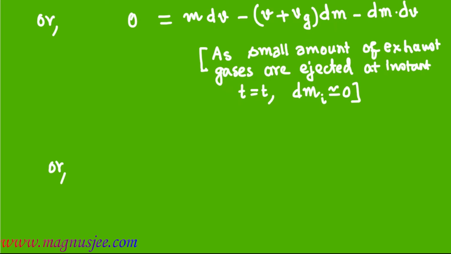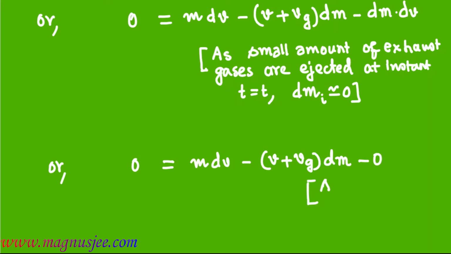Or, 0 equal m dv minus (v plus vg) into dm minus 0. Here dm and dv are small amounts. dm is the small decrease in mass of the rocket and dv is the small increase in velocity of the rocket.